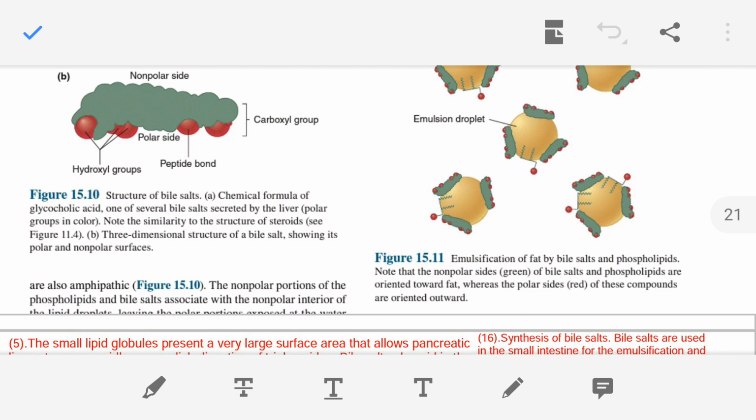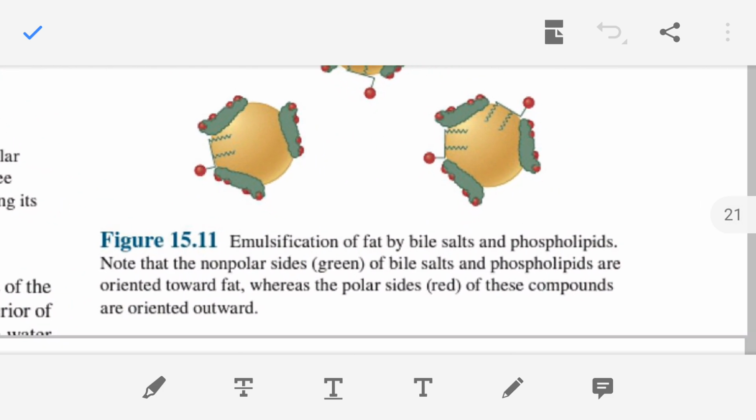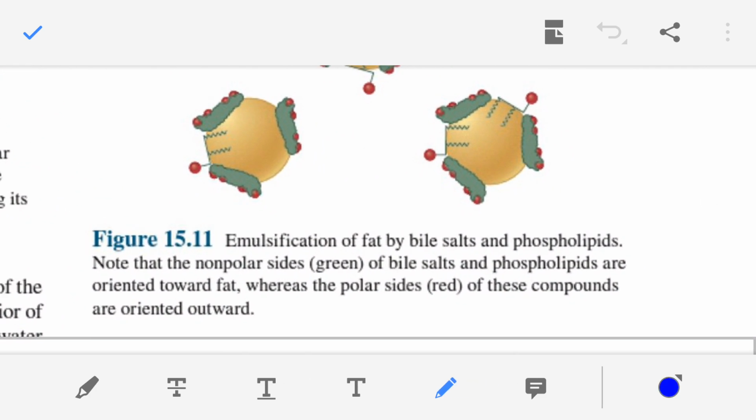Now here what they are writing: the non-polar side, green, of bile salt and phospholipid is oriented toward the fat.